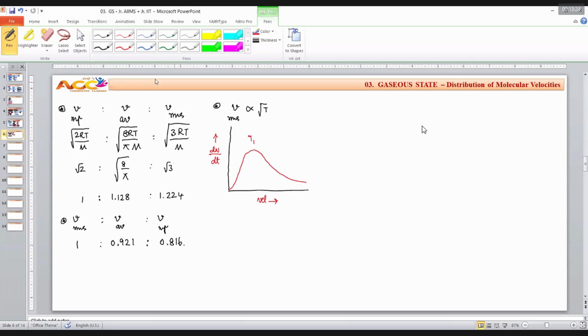Now, if suppose you are increasing temperature, then see the graph, right? They'll ask you theoretical question, they'll ask you graph also. And if you further increase temperature, this is, say, for example, T2. If you further increase temperature, the graph becomes further broader.